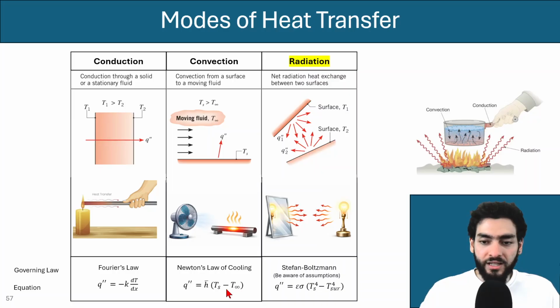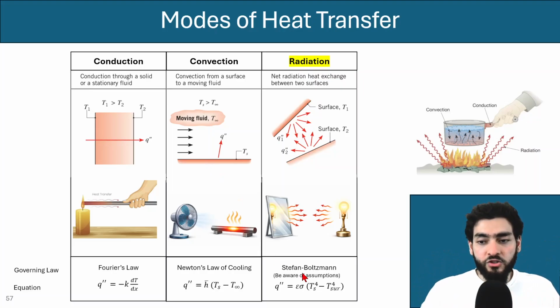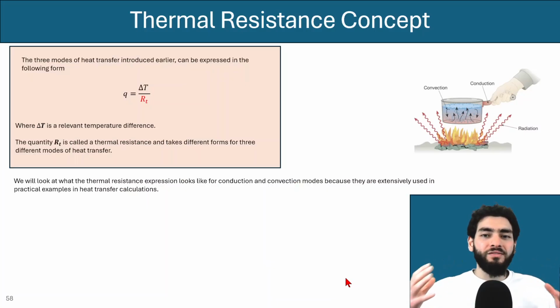For convection, it is the temperature of the surface minus the temperature of the moving fluid. And in radiation, it is the fourth power temperature difference from the surface with the surroundings. So as you can see, in all of these cases, there's a delta T involved.